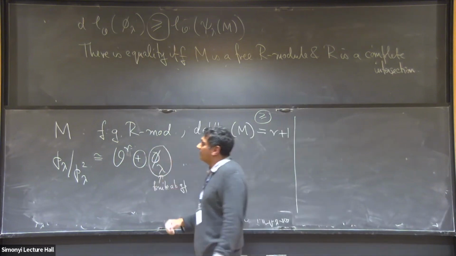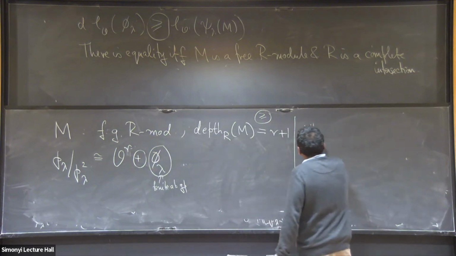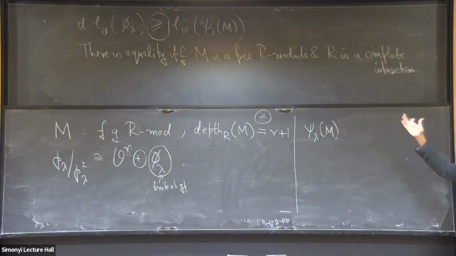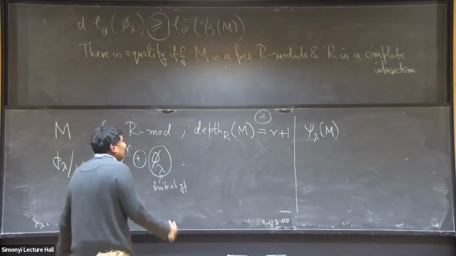I want to define psi lambda. Right now, for psi lambda, I'll tell you what the definition is. So psi lambda m. In the first case also it was a cyclic O module, again only a cyclic finite O module. What is it?